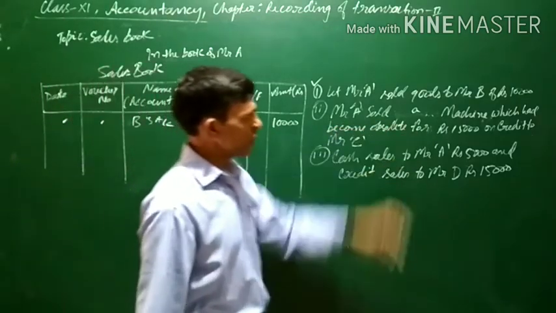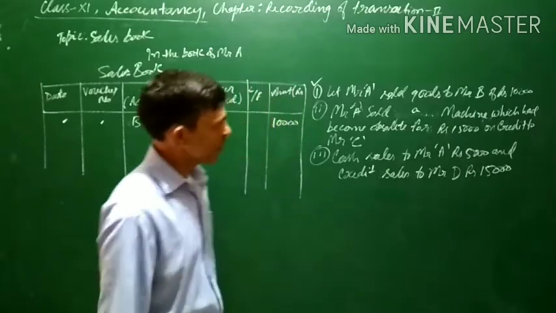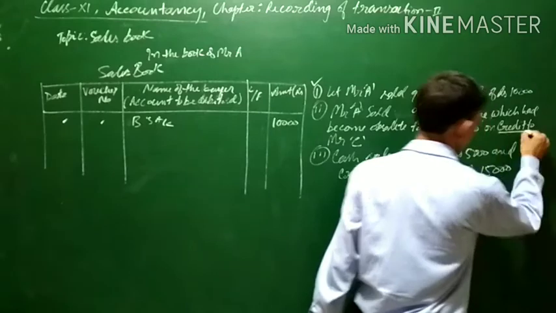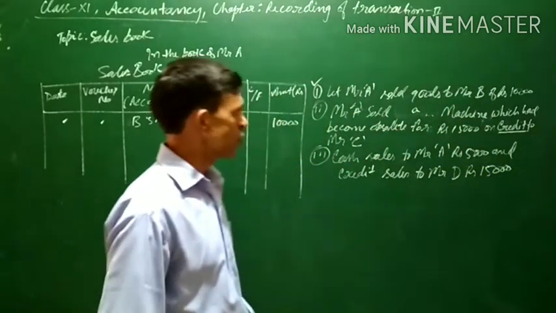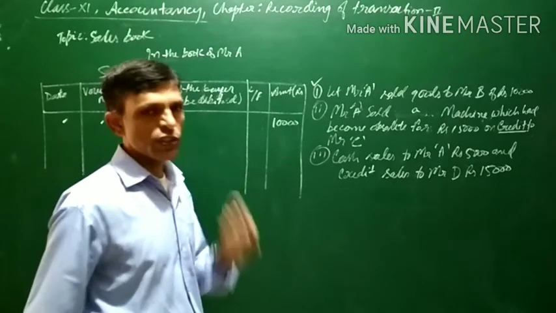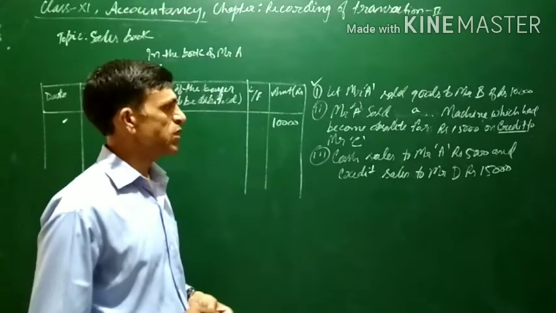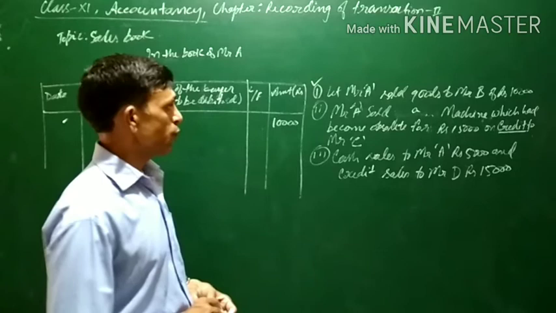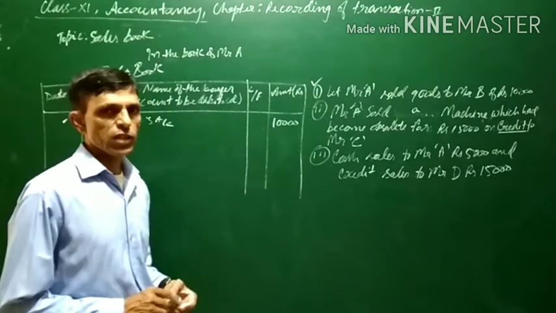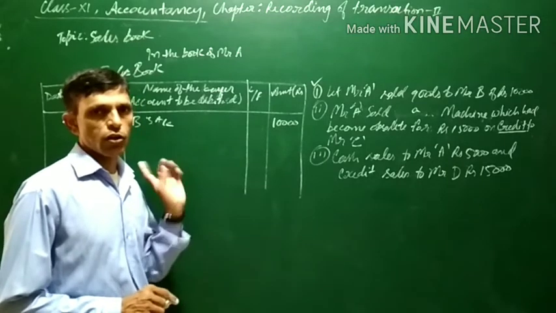Now Mr. A sold a machine which had become obsolete for ₹15,000 on credit to Mr. C. This is a credit sale. On credit the machine has been sold, but since this is a machine, and not goods in which the firm deals, it is not recorded in the sales book.